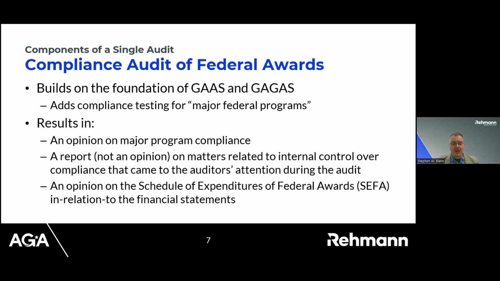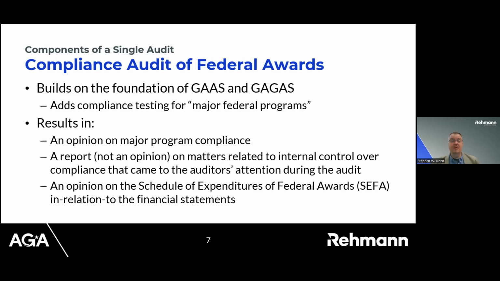And for each of those major programs, there will always be at least one, there may be several. The auditor is going to actually issue an affirmative opinion on compliance. Basically, yes or no, did the entity comply in all material respects with the rules associated with that grant? We all know from experience that the federal government never gives money away without strings attached.